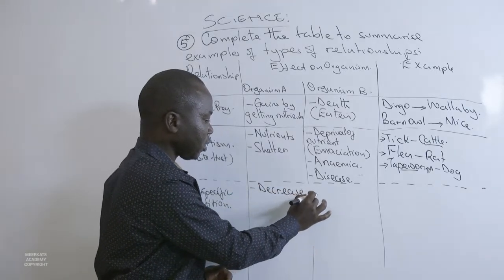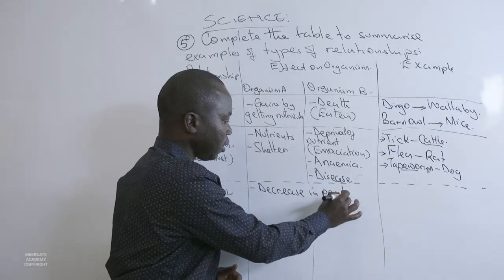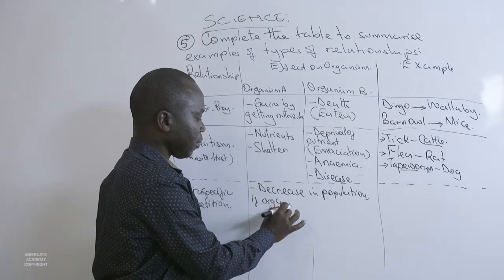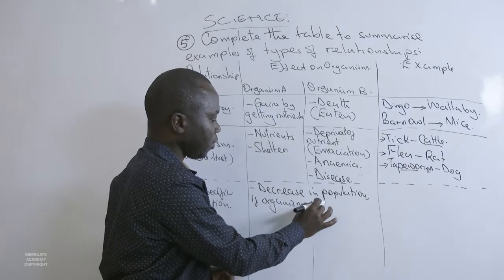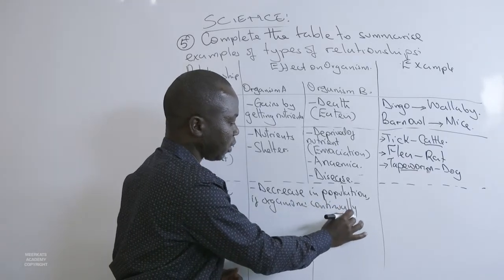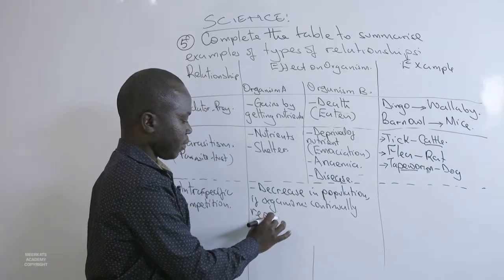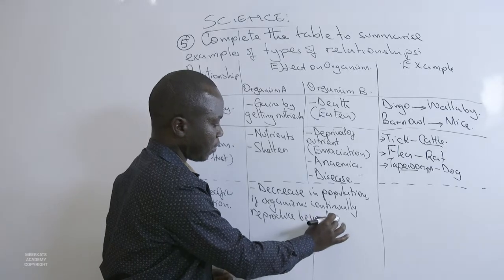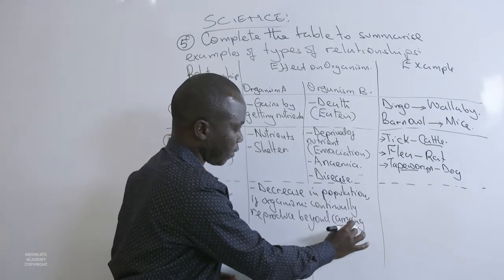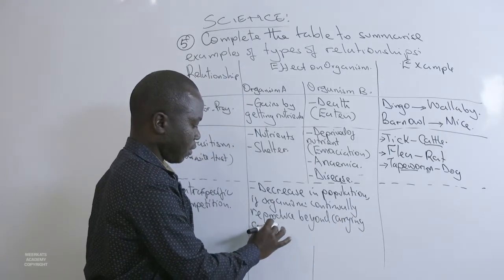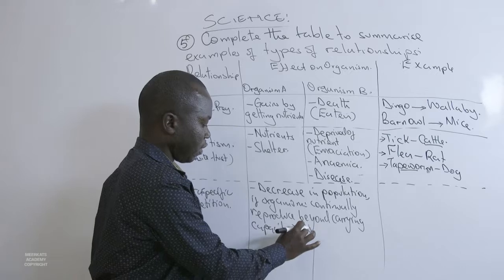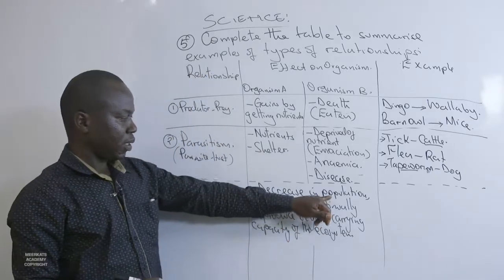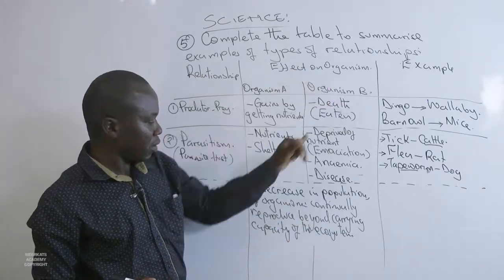So the effect is a decrease in population if organisms continually reproduce beyond the carrying capacity of the ecosystem.